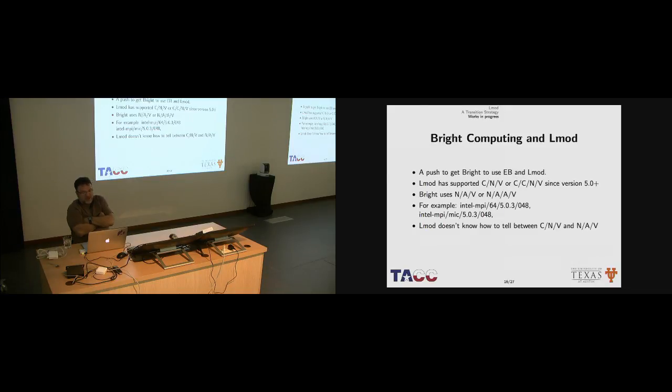That's what I mean by CNV, or CCNV, which means you can have category, subcategory, name, and version. You can be as deep as you want. That's been supported since 5.0. Bright uses what I call name/architecture/version.